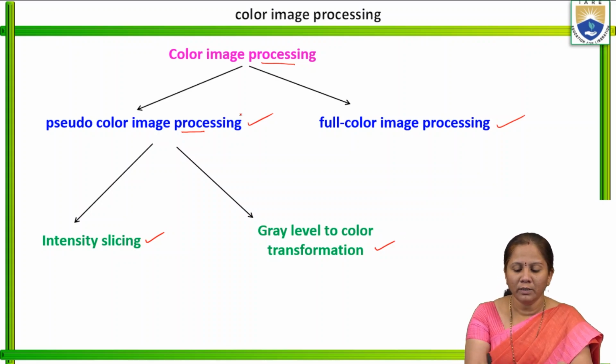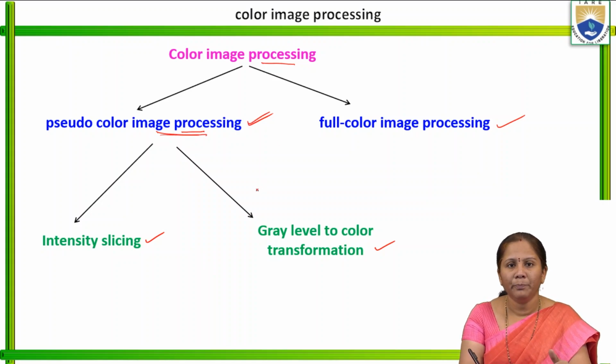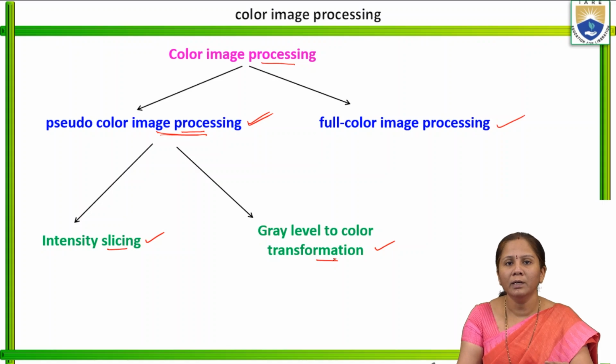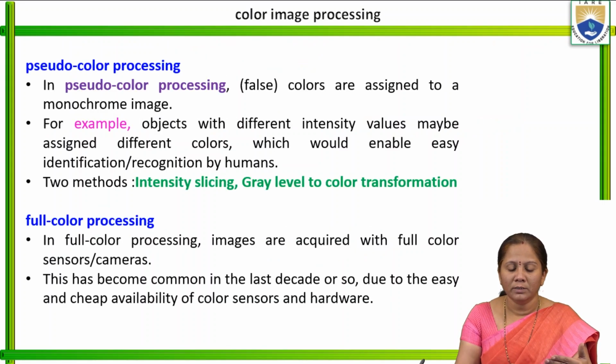So in this session, we will be learning about pseudo color image processing, and the two techniques we are going to discuss are intensity slicing and gray level to color transformation. First, let us recall the difference between pseudo color image processing and full color image processing.